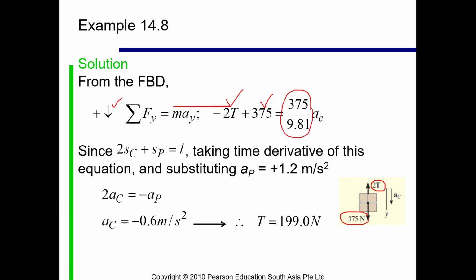This is just the mass of the crate. You know that you have the weight provided. When you divide it by 9.81, it will convert into mass. Acceleration at point C, I do not know. So I will figure it out once I solve this part. So this is, students, the first equation, you can say that.